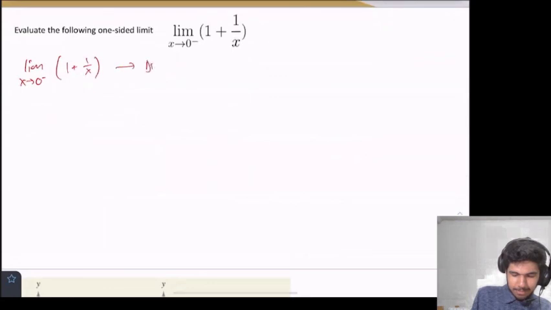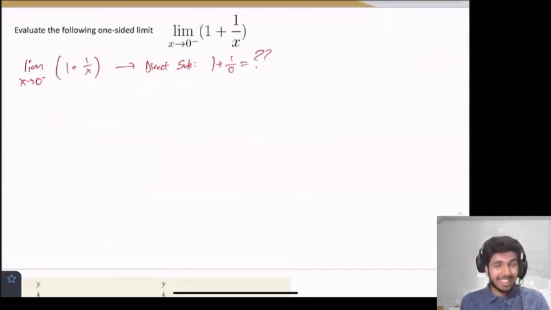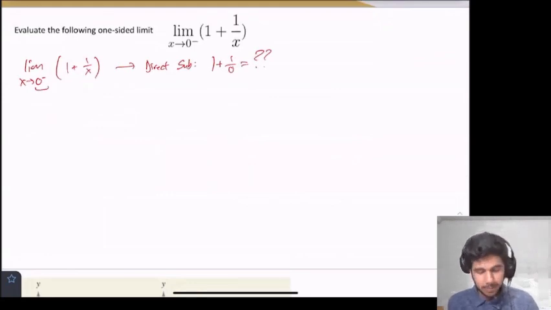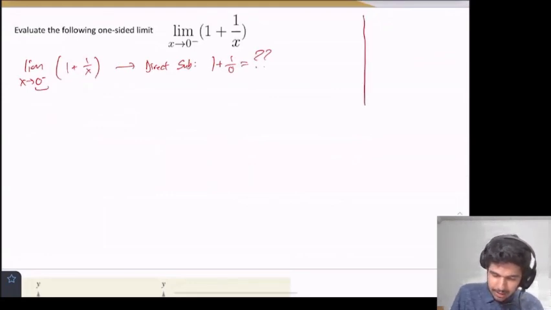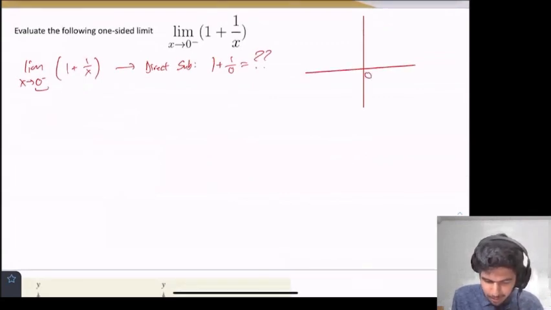So, direct substitution, first thing to try. We get 1 plus 1 over 0, and 1 over 0 is, I just don't know what it is. But the hint we're given is that we're approaching 0 from the left. So if we look at a set of axes here, this is 0. What would approaching from the left be?